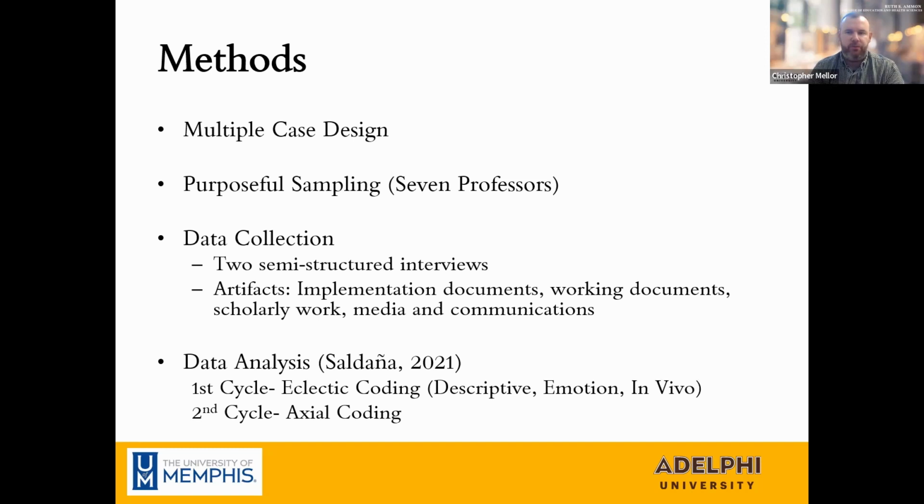Emotion coding was used to code different feelings the participants had on meeting Mosston or Ashworth or feelings toward the spectrum in general. Lastly, in vivo coding, I'd say that Jamie is the king of in vivo coding. We use that to code specific phrases used by participants, and the code is actually the phrase that was said by the participant. Axial coding was used as a second cycle coding mechanism to categorize the like-minded information relative to the spectrum and the socialization pathway.